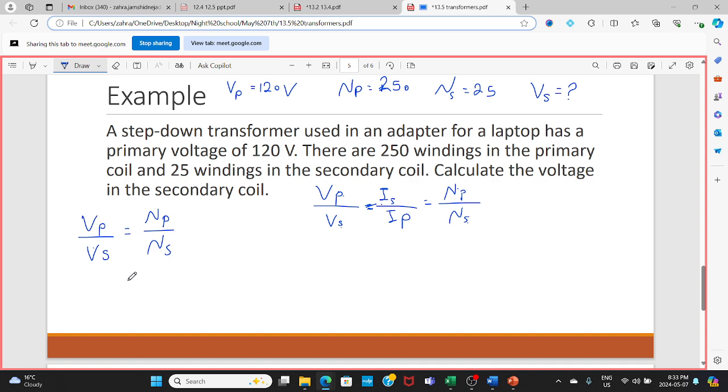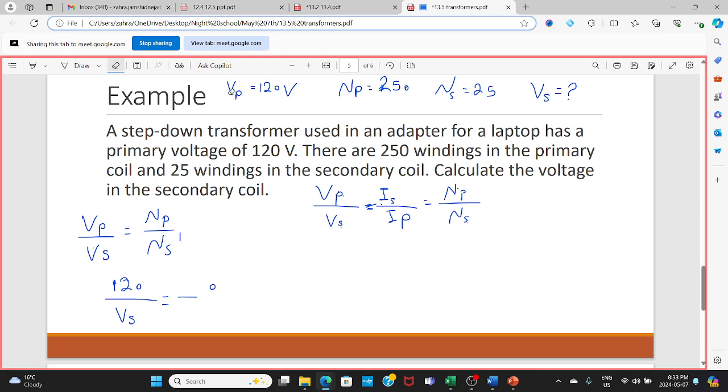Now VP is 120, so 120 volts divided by VS, I want to find it out. And then N of P is 250. Sorry, vice versa. So it's going to be N of P, right?